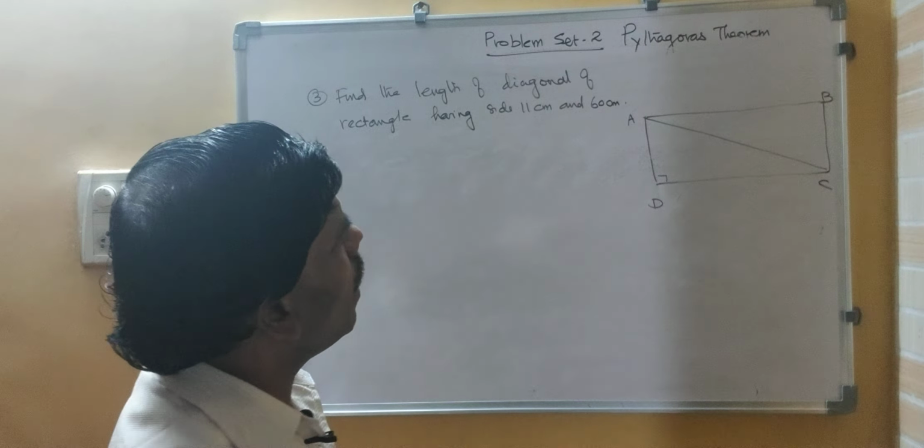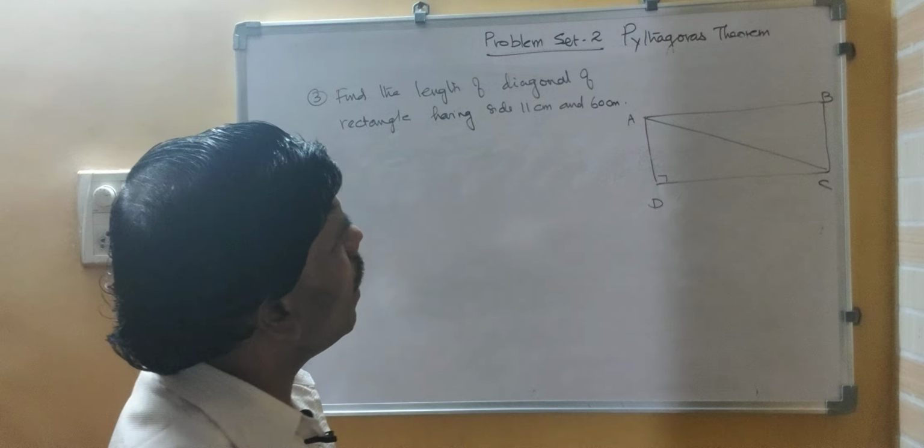Okay, now what you have to find out? AC you have to find out. AC is the diagonal. Now look at this. Let ABCD be a rectangle. Now what about this one?